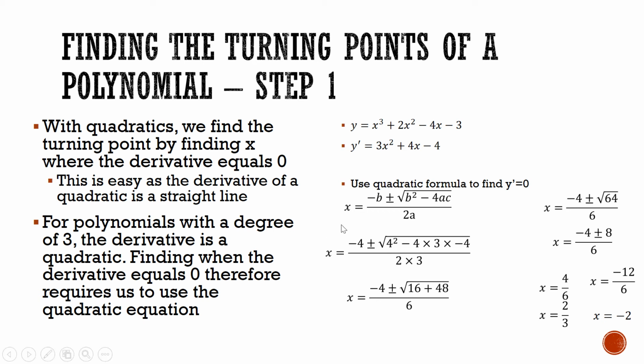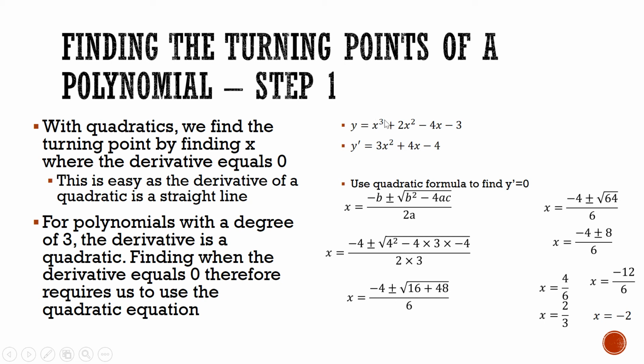Okay. So with polynomials, when you derive, you still end up with a quadratic. When you derive a quadratic, you get a straight line. When you derive a polynomial, you end up with a quadratic, assuming that it's a third degree.